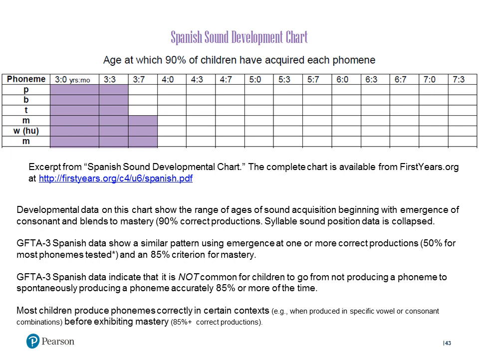They're the first sounds to be mastered. Although this chart does not separate norms by gender, the table also highlights when these sounds emerge. So very early on in the sounds shown here, and when they're expected to be mastered is where the highlighted portion ends. Very similar data to what is presented on the back of your GFTA-3 Spanish protocolo.